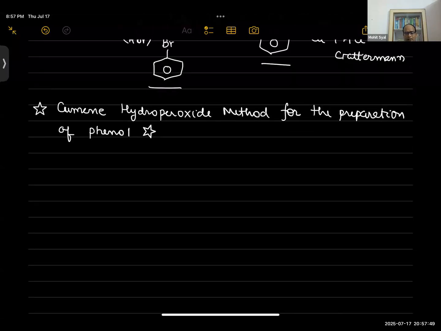What is cumene, Aisha? Is it isopropyl benzene? Exactly. This is isopropyl benzene, right?